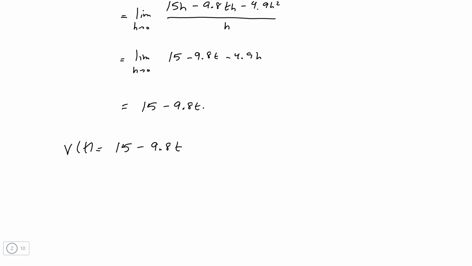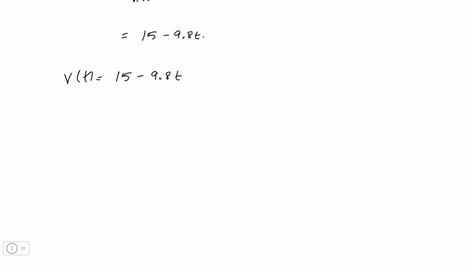Now to calculate the acceleration, we take the derivative of the derivative. This is s double prime of t, which is just the derivative of the velocity.